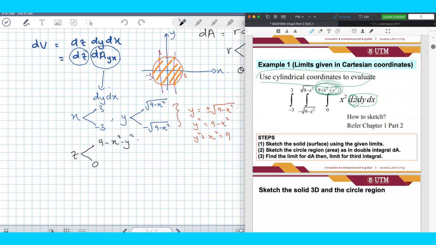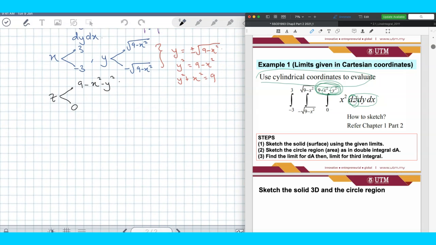So what is 9 minus x squared minus y squared? If you sketch the surface. Sometimes you don't need to sketch the surface. If you can imagine directly your upper bound and your lower bound, it is okay, because sometimes the mark for sketching the solid is just 1.